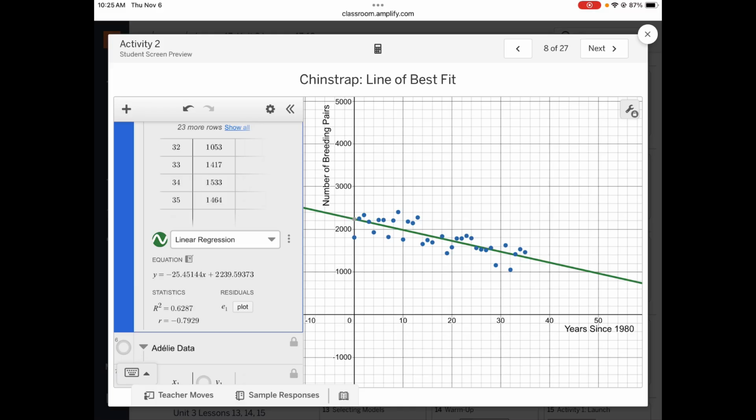On average with our group, it looks like they are losing about 25 penguins per year. So as the year increases, how much is it going down by? And that 2,239 roughly is approximately how many penguins they started with when they counted. This is just taking our general average.